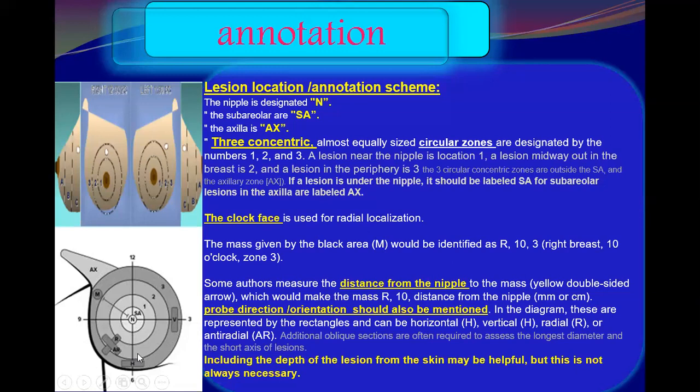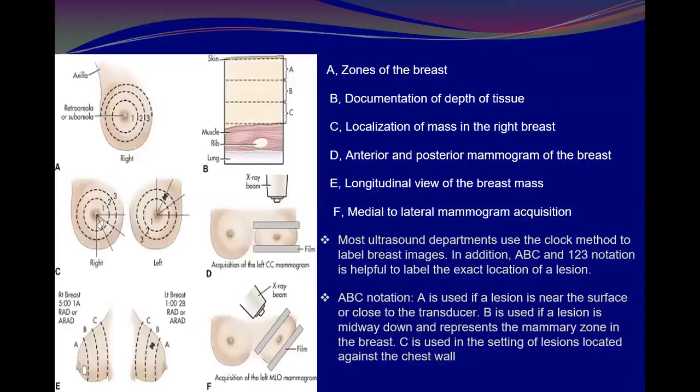Or you can write trans, long, radial, antiradial. And also these are the probe directions. Sometimes we have to mention also the depth of the lesions in relation to the skin. Sometimes it is important, but not always.